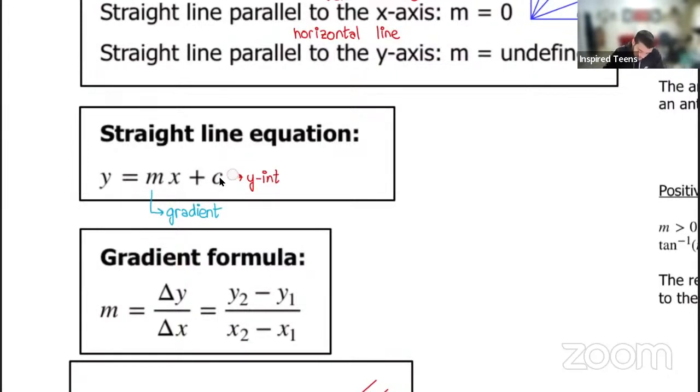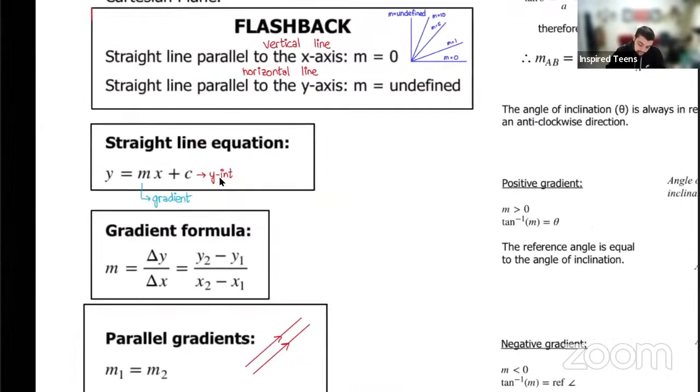Okay, c is the y-intercept. So always keep that in mind, right? So sometimes when you're given an equation in the form y is equal to mx plus c, perhaps y is equal to 5x plus 3. In this case, you don't need to work out the y-intercept because you already have it from the equation. It's 3. All right, so just keep that in mind, and that's why that's important.